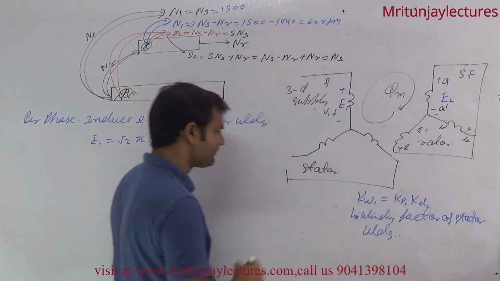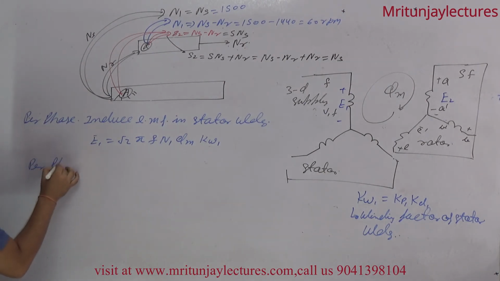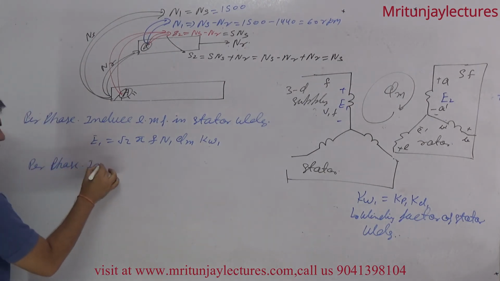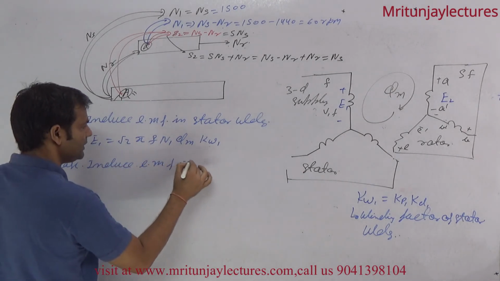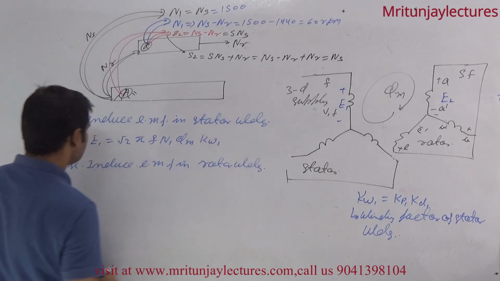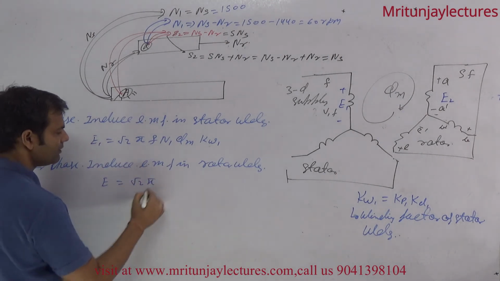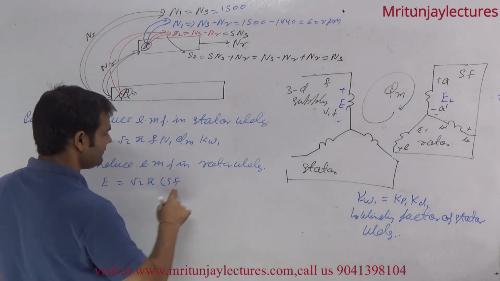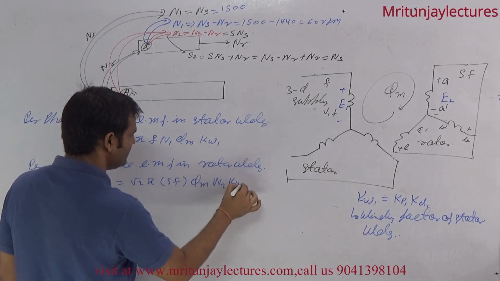Clear? Now the per phase induced EMF in rotor. On running condition, it is root 2 pi s f phi m into N2 into kW2.